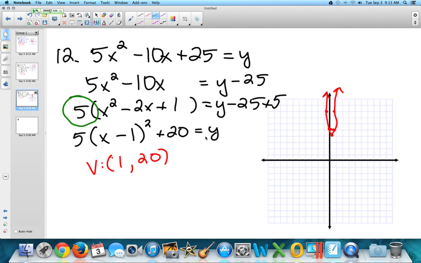Vertex form is very important, so it's going to help you recognize other vertex forms. And it's also going to be important when and if we deal with conic sections. So how we break down circles, parabolas, ellipses, and hyperbolas. So that'll cover all our conic sections, and we'll be able to put them into standard form or vertex form based on completing the square. So completing the square is very important to this course and to pre-cal.